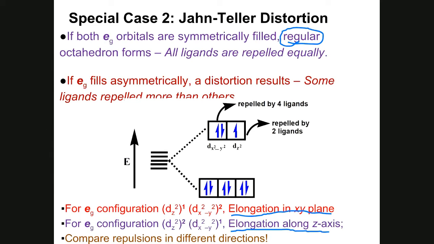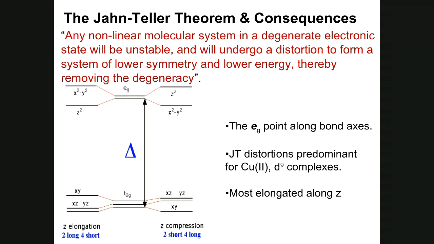That is a very important consequence that is covered in what is called the Jahn-Teller theorem, which is what I think would come up in this. I would like you to note that any nonlinear molecule that is in an electronically degenerate state, an electronically degenerate state is what I was talking about in the previous slide, to say that you can write that electron configuration in 2 forms, because the extra electron can either go into the dx squared minus y squared orbital, or it can go into the dz squared orbital.